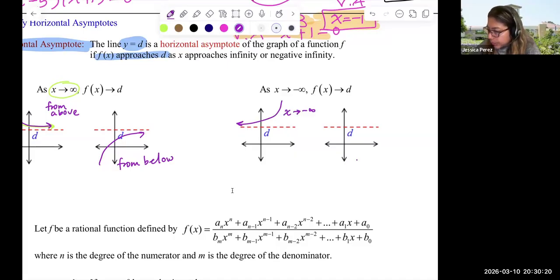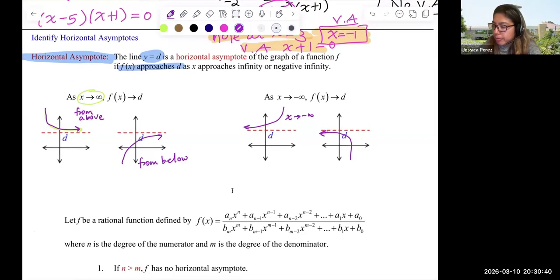But in both of those cases, x is approaching negative infinity, and it's reaching a value d, again, from above or from below.